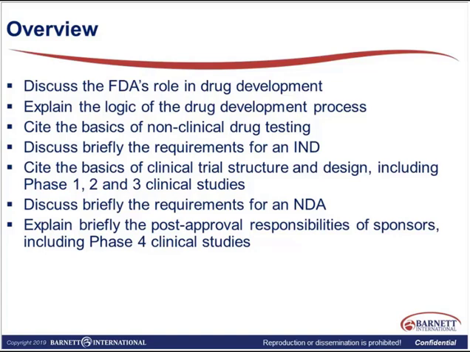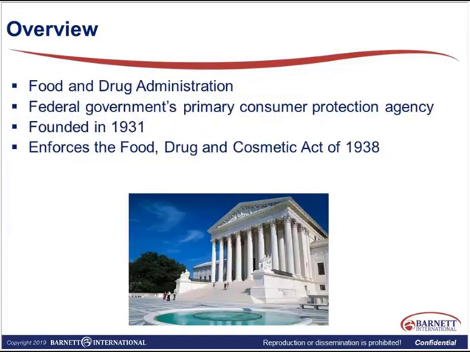And then also, once a drug has been approved, we need to look at the requirements the sponsor has under the Code of Federal Regulations in the development and marketing of this drug once it's been approved. So we actually still need to have surveillance of this product once it is being marketed for use, and also the purpose and reason for phase 4 studies.